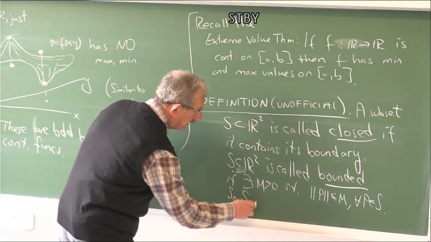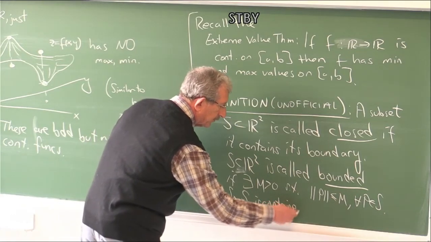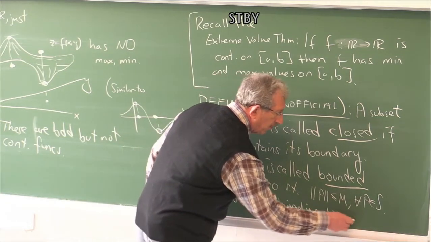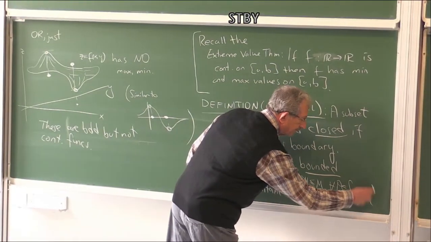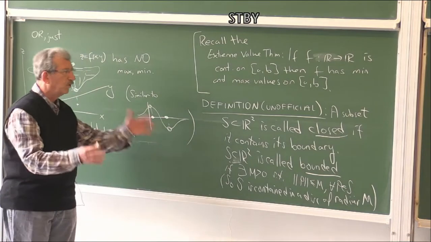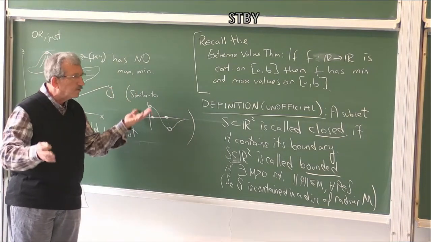So S is contained in a disk of radius M. So geometrically, if you can put a set in a disk, then it's called bounded.